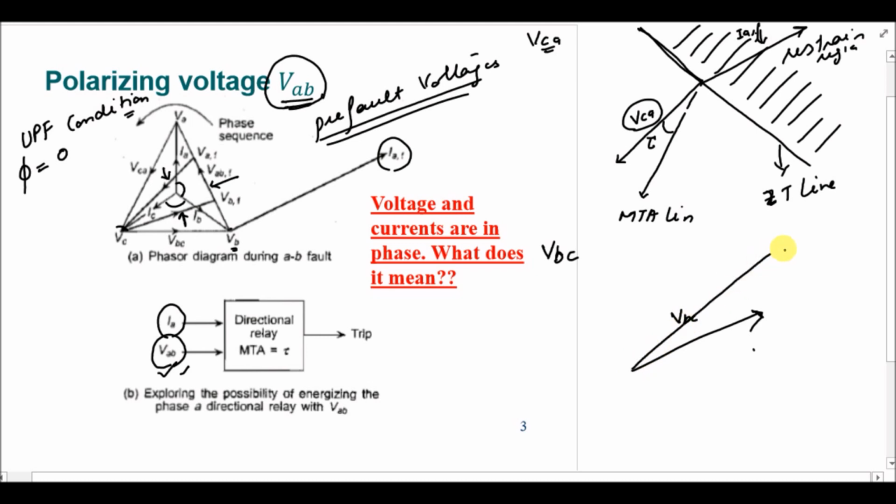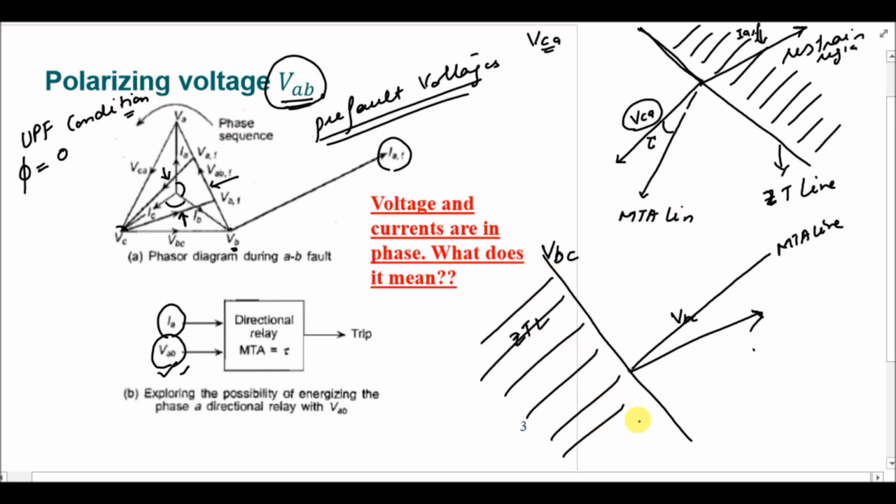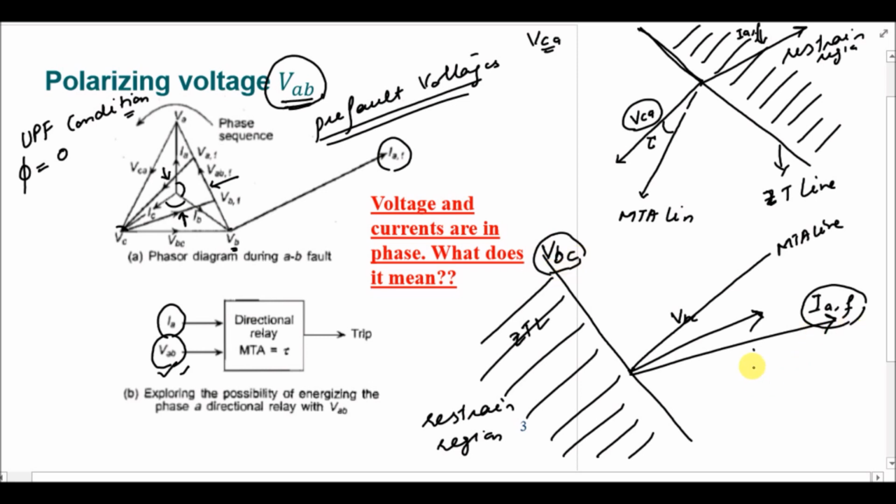This is your MTA line, and this is the zero torque line, and this is your restraint region. Now if we draw the fault current, it will be in this direction, IA-F, and in the case of VBC as a polarizing quantity this current is in the trip region.